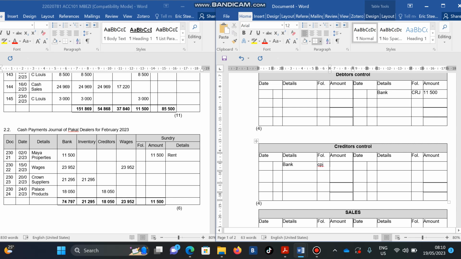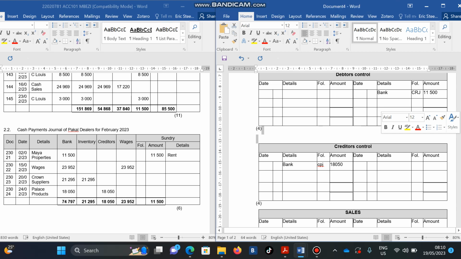And then the amount paid to creditors, 18,050. The same with wages. You'll have wages on the debit side, on the credit side you'll have bank, and so forth. And that's how you record these transactions in your general ledger.